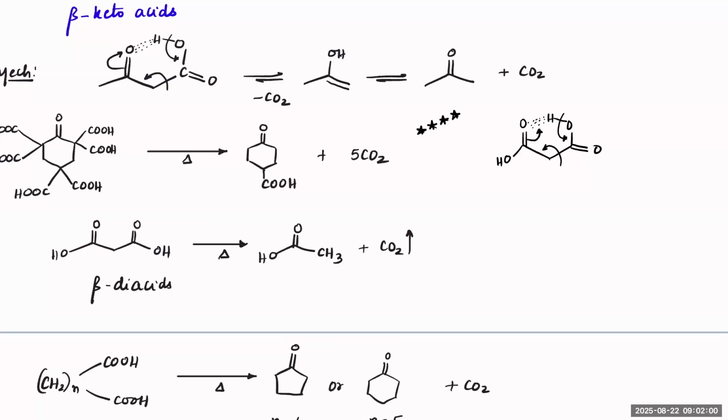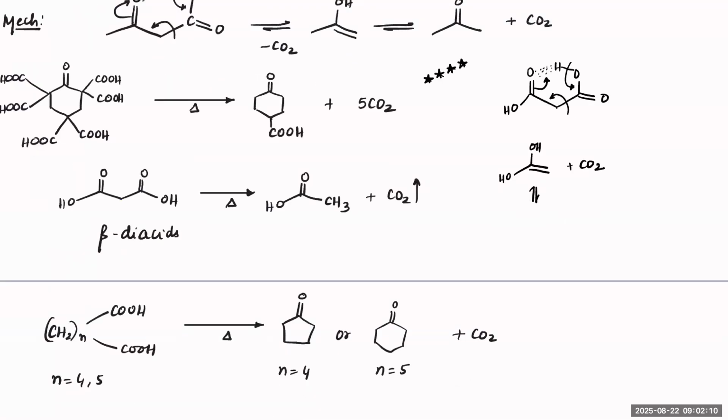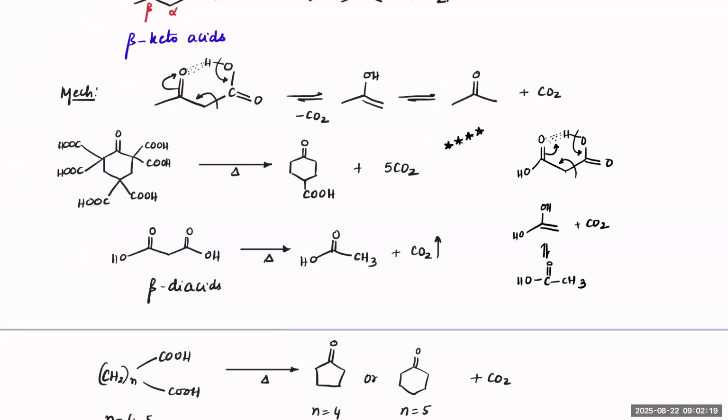Now what is happening? We'll get a double bond with OH and OH, and the other part is carbon dioxide. Now this will get tautomerized to convert into C double bond O, OH, and CH3. This is what I'm saying. So if you have a beta diacid also, one CO2 will come out, and the rest of that will convert into an aldehyde or a keto form.